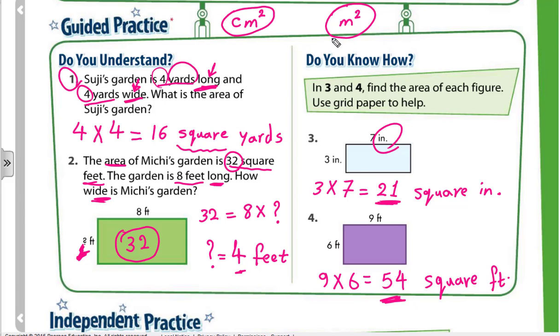Square meters. What about this one? Square inches, great. And what about this one? Square feet. Excellent! Great work, my heroes.